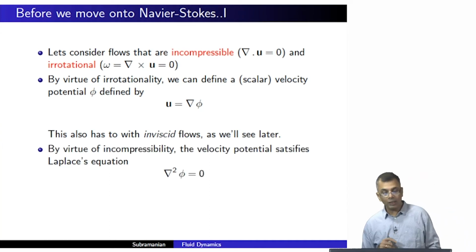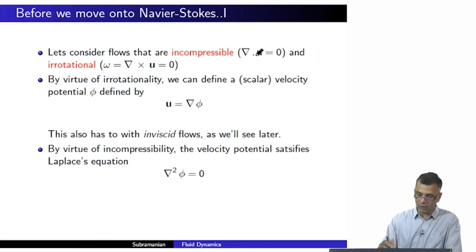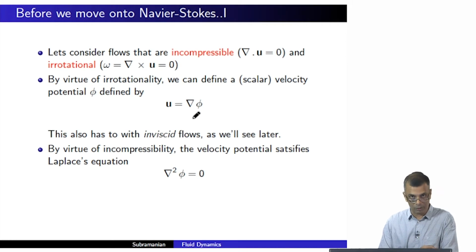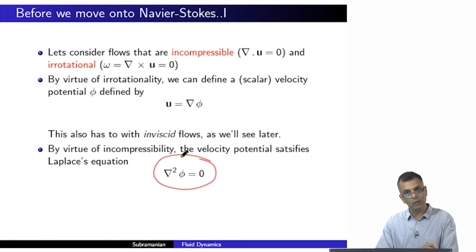By virtue of incompressibility, right? We've already said that u is defined as a gradient of a scalar potential. On top of it, we're saying that the flow is incompressible. In other words, the divergence of the gradient, which boils down to this Laplacian here, is equal to 0, right? So we're looking at solutions of Laplace's equation for the velocity potential. And this is something that's well known from many fields, say from electrostatics.